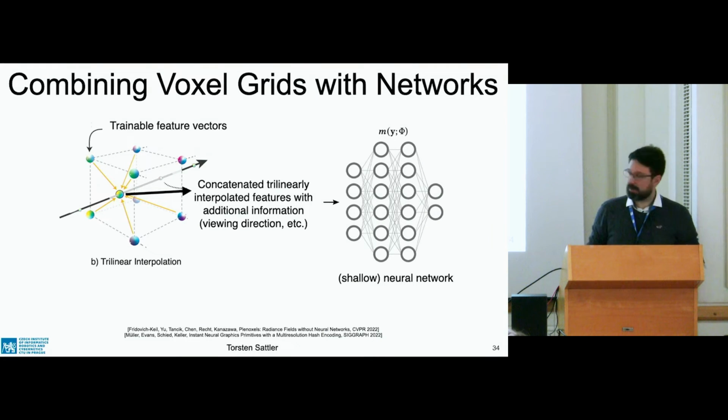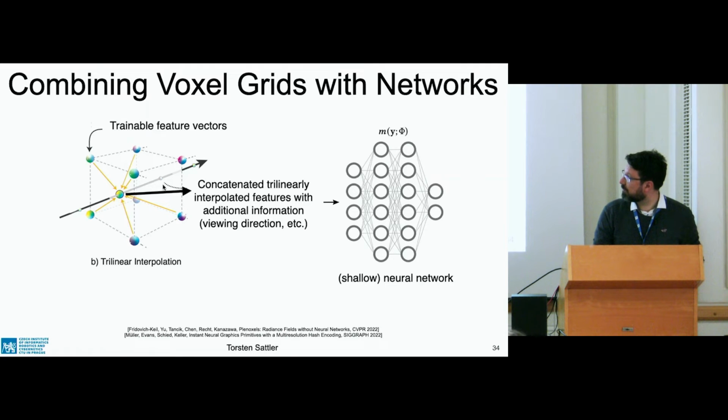The y would be the input, which is this concatenated feature vector, and theta would be the parameters of the network that you want to optimize. So you would get a color as output. You would compare the color that you get from the network to the color of the pixel. Then based on the difference in color, you update the parameters of the network and you update the input to the network.